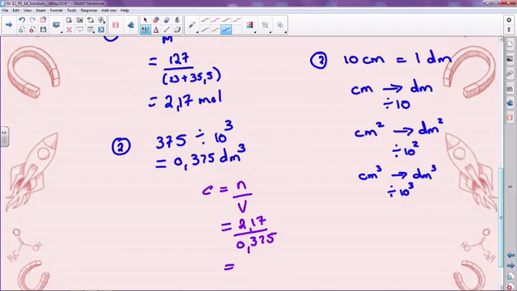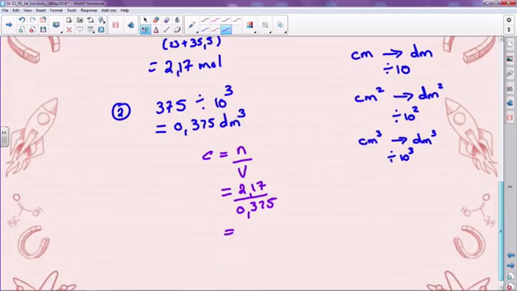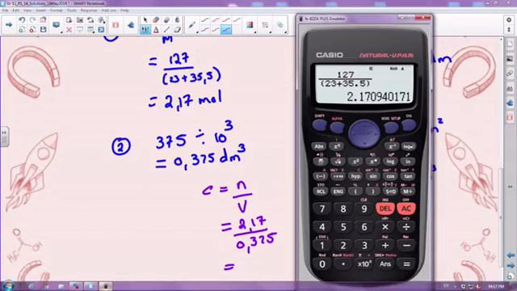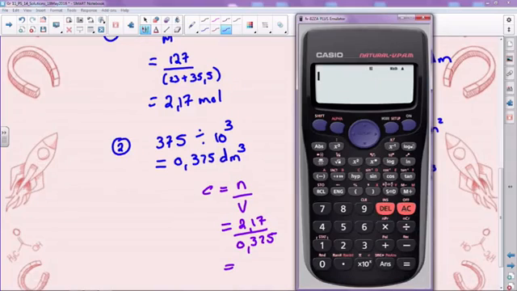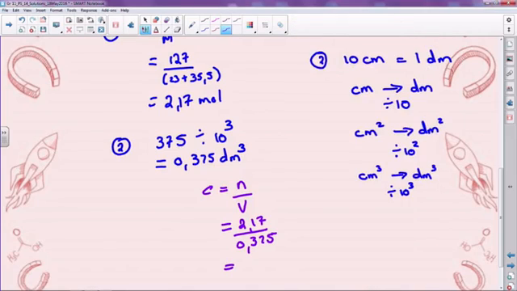And if I put the two of them into my calculator, let's clear it, 2.17 divided by 0.375. Come on, there we go. And I'm going to get an answer of 5.786, or I'm going to round that off to 5.79.